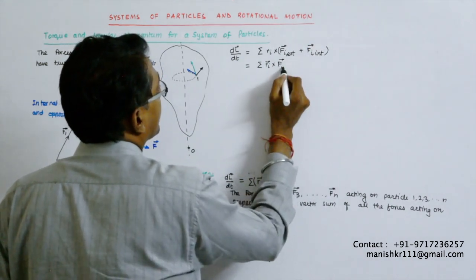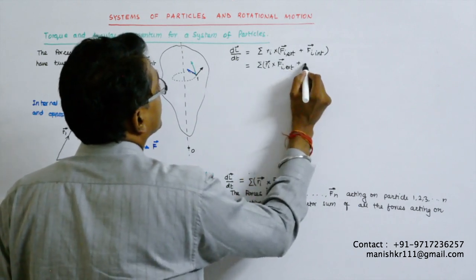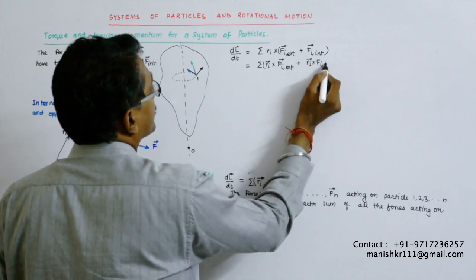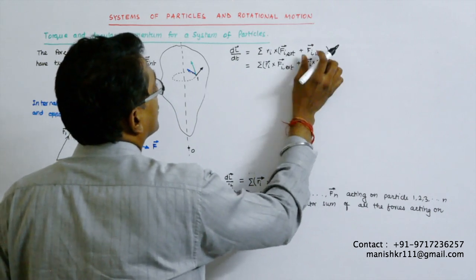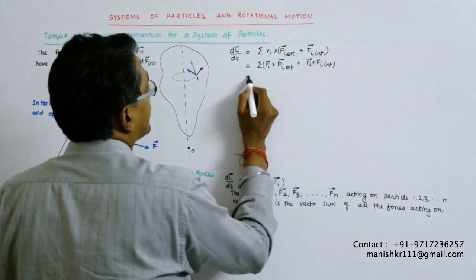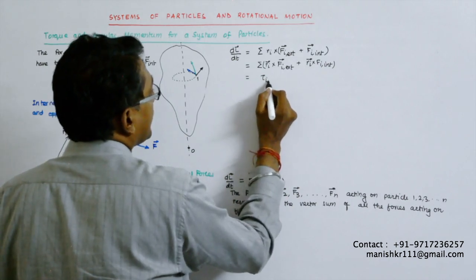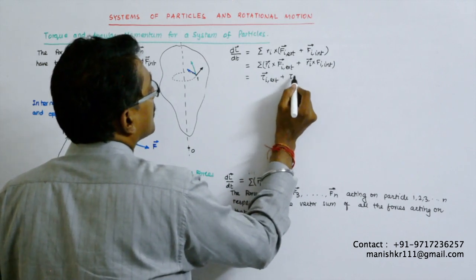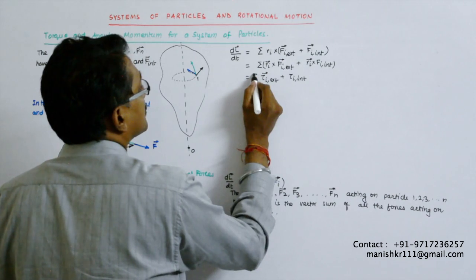So I say it is Ri cross Fi external plus Ri cross Fi internal. Now that is equal to summation of torque i external plus torque i internal.